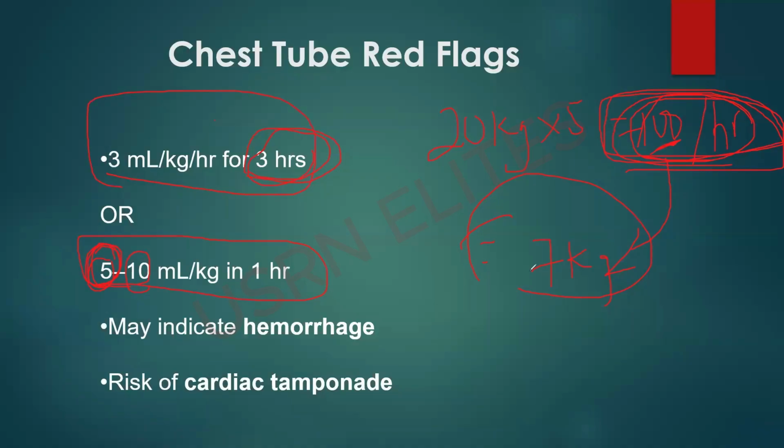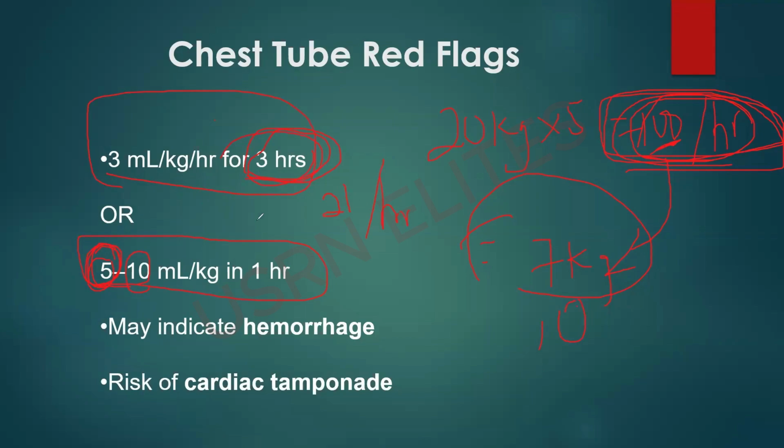Let's say the child is 7 kg. 3 times 7 is what? 21, right? So if the child is having 21 mils per hour and it continues for 3 hours, you have to tell your healthcare provider. Let's say 10 kg.